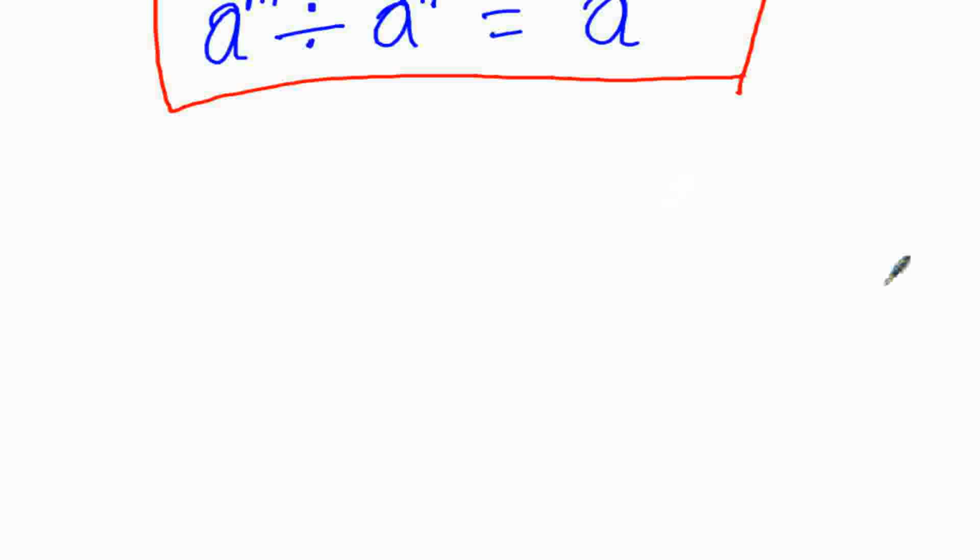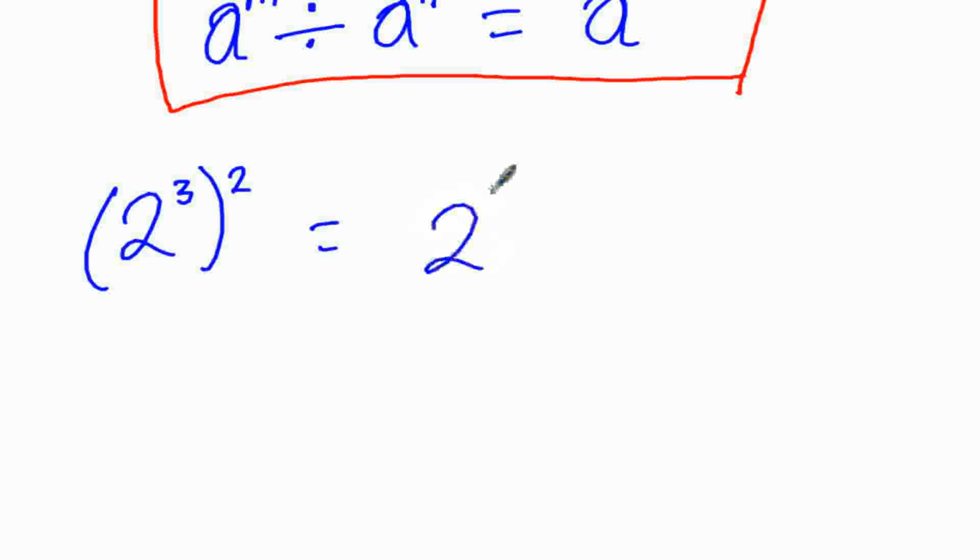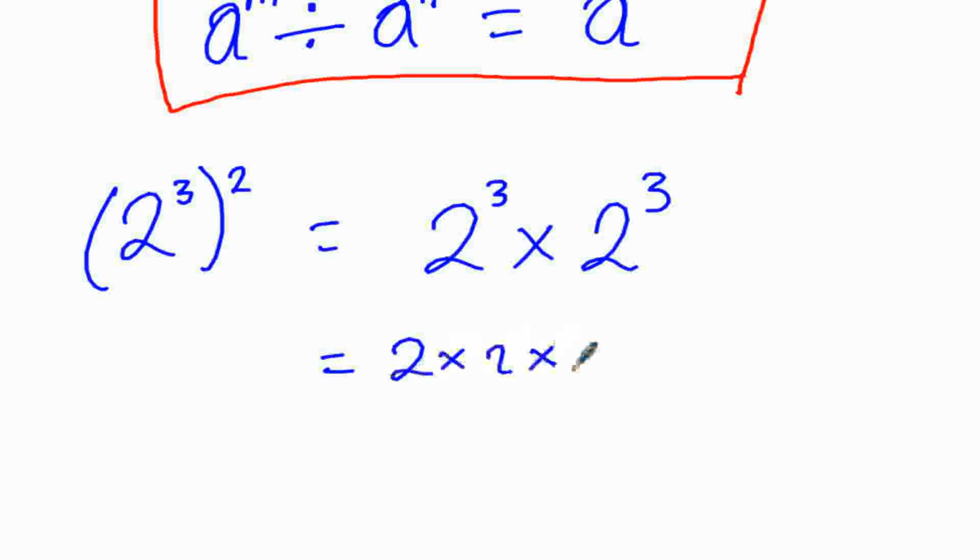We can talk about the third one. If we have 2 power 3, all of it raised to a power of, say, 2. Let's first deal with what is outside. This power means we are multiplying what is inside the bracket 2 times. So that will be 2 power 3 times 2 power 3. And 2 power 3 is the same as 2 times 2 times 2, then times 2 times 2 times 2.